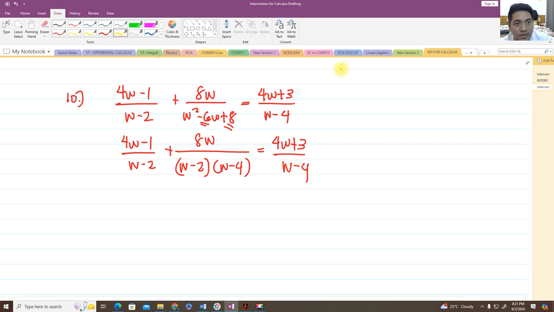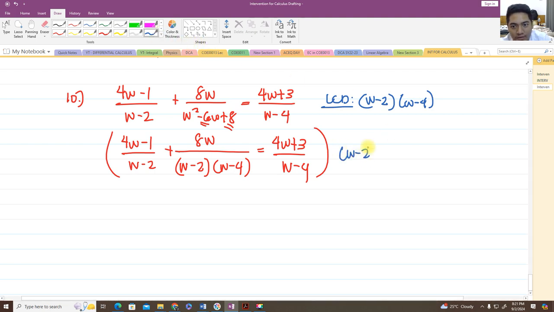So it's very obvious that the LCD here should be what? That's the LCD. That's correct. You have w minus 2 and of course w minus 4. They are repeating, so it's very easy. So multiplying this whole with w minus 2 and w minus 4.